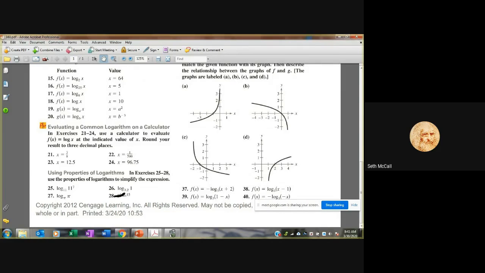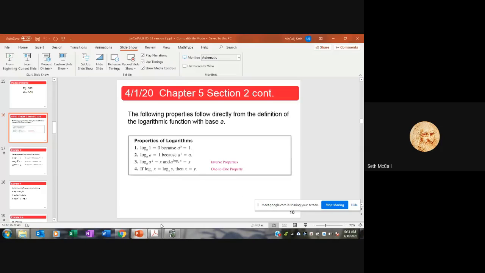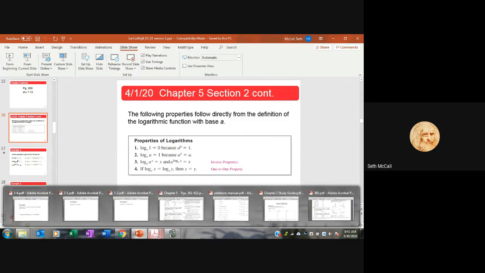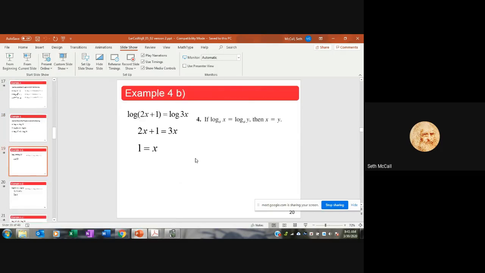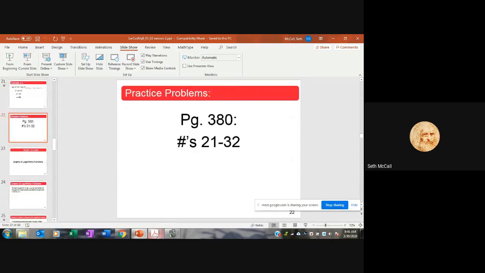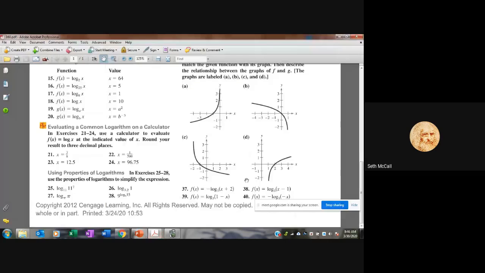So in this case, the 9s go away, and this just equals 15. This particular problem utilizes this rule right here where you have a to the power of log base a of x. The a's cancel as does the log, and you're just left with x. Okay, so that finishes up the homework problems from the second part.